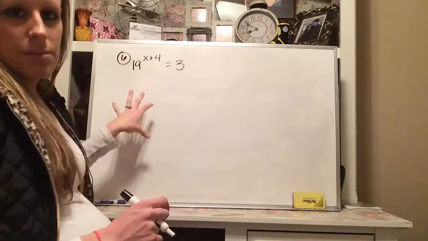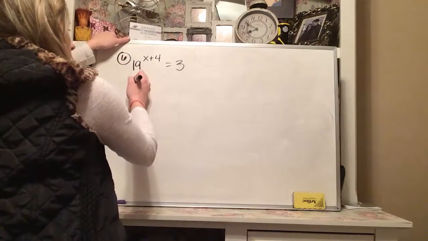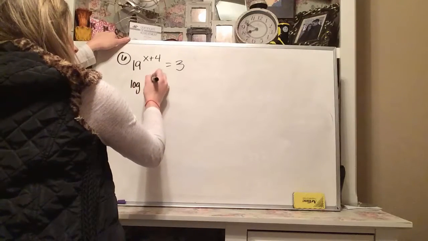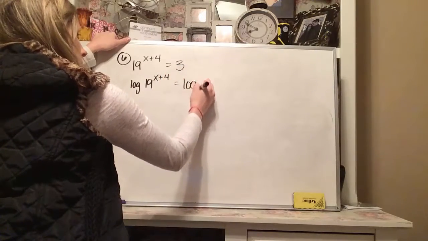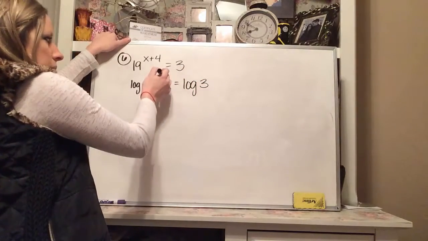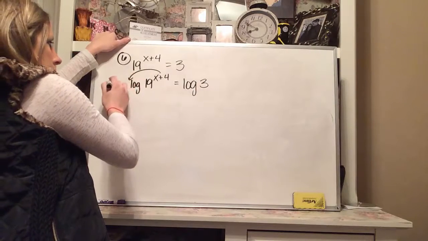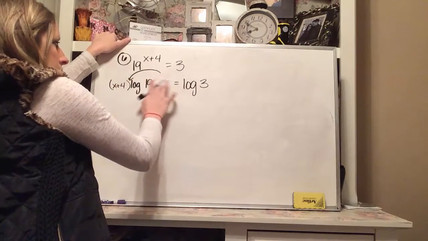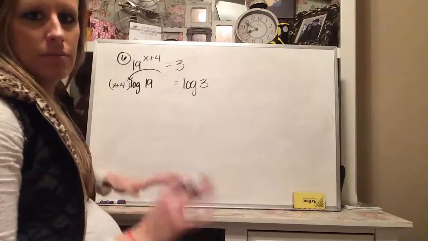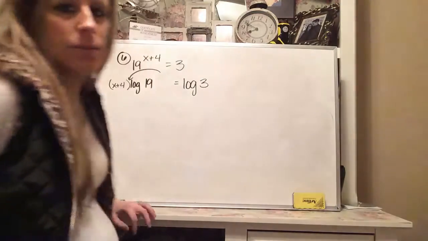So, since it's by itself, I'm going to take the log of both sides. Okay, I'm going to take my exponent and move it in front. X plus 4. And that's a law of logarithms thing that we learned last week.